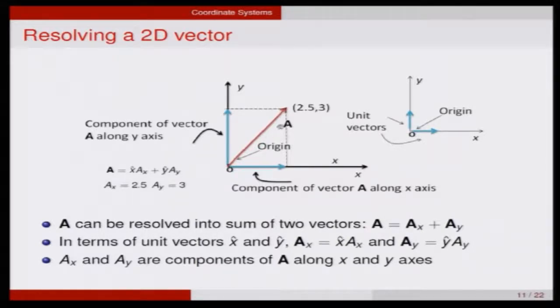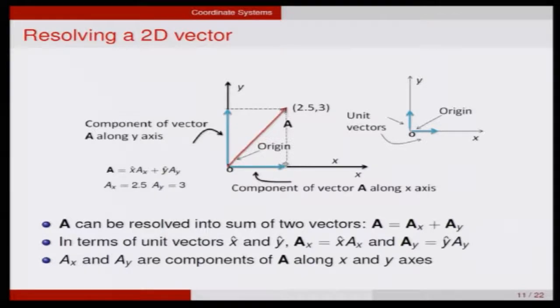Any point was actually given by the intersection of two lines. For example, look at this point (2.5, 3), the point at which the vector A is terminating. It is actually the intersection of two lines. This vertical line that is shown here corresponds to a constant value of x. So, this line is x is equal to 2.5, whereas this horizontal dashed line is the line y is equal to 3.